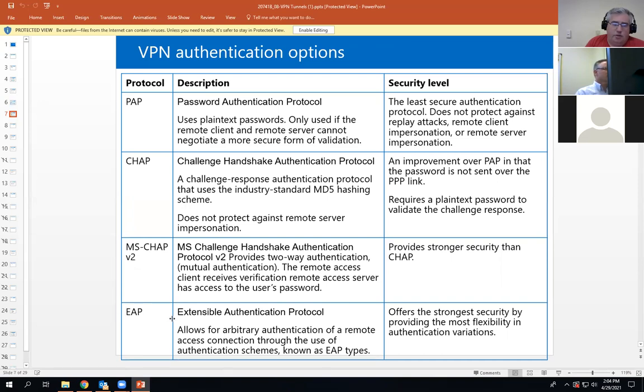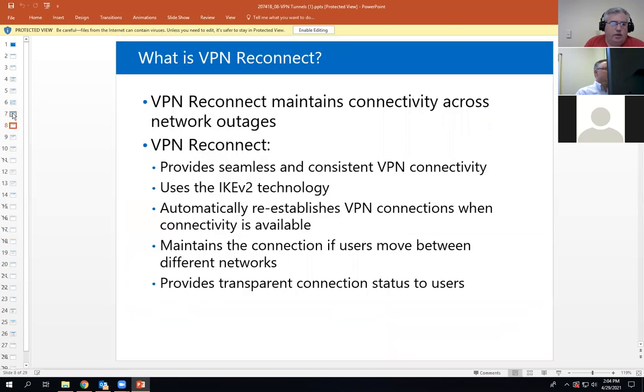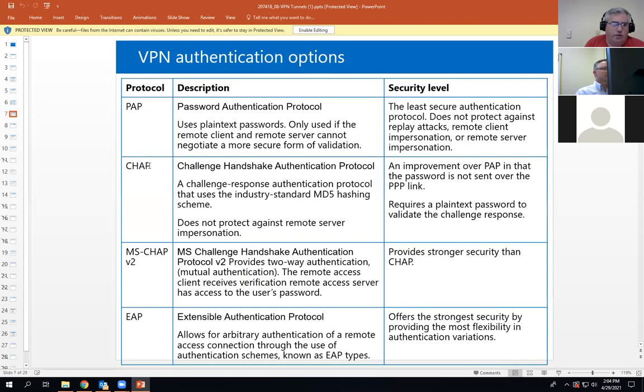And then there's EAP, which is the strongest security available for it. And then the other ones are older technologies, and they've been broken. So most people don't use CHAP or PAP anymore.